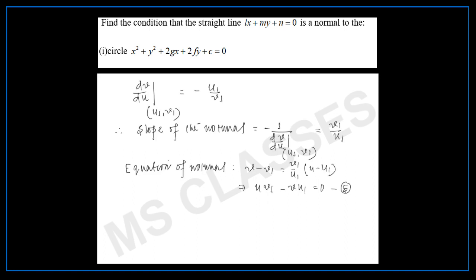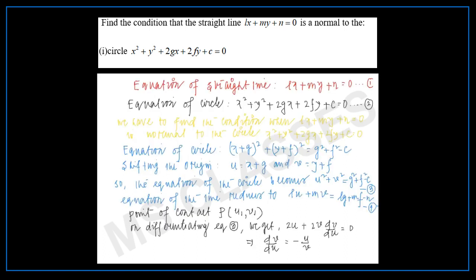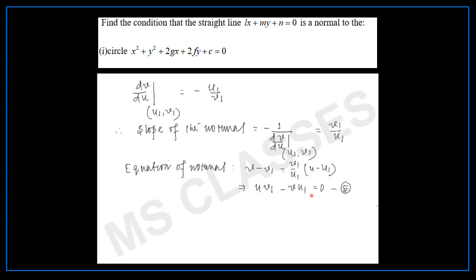Now equation 4 and equation 5 should represent the same line.